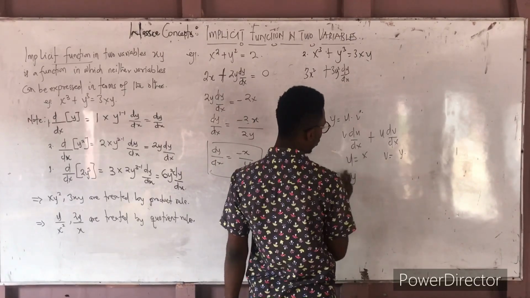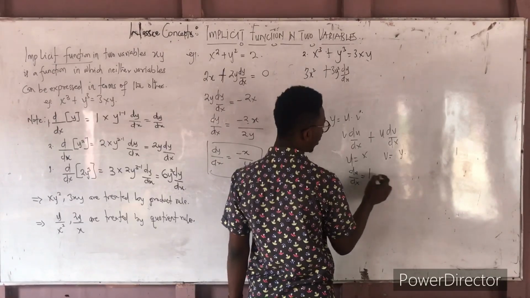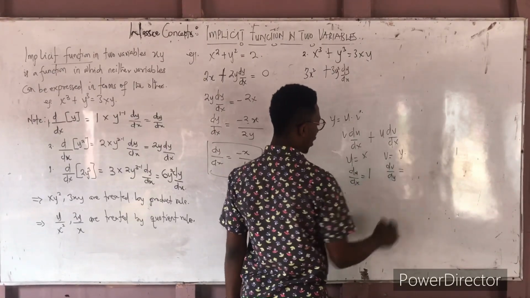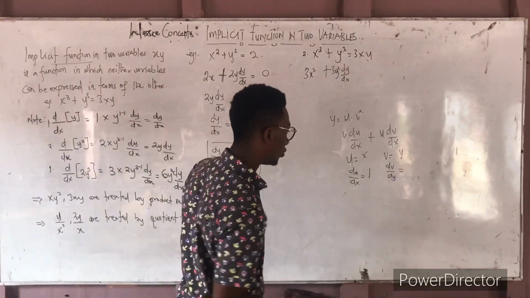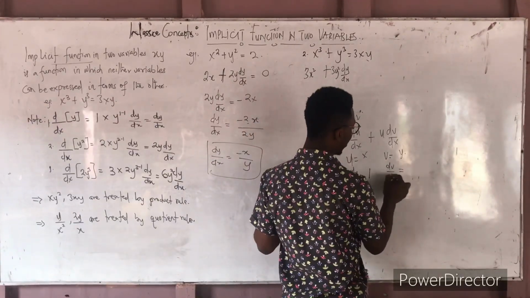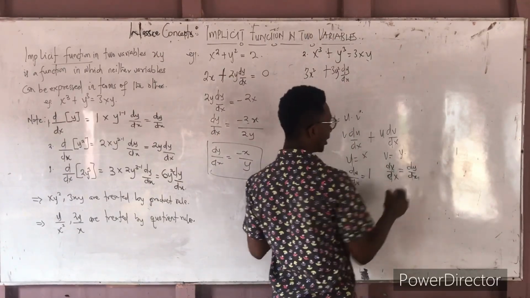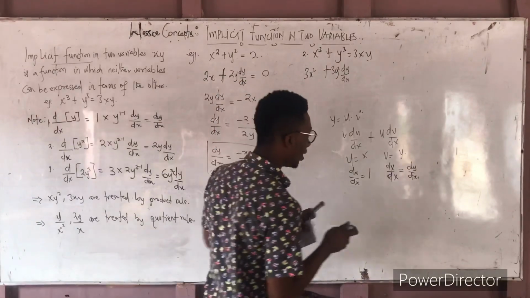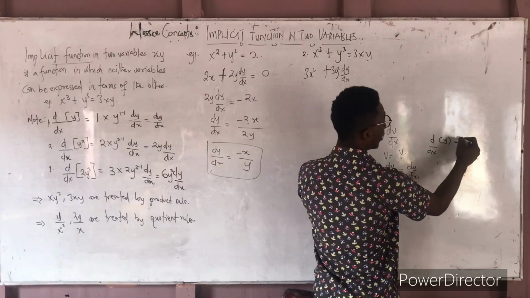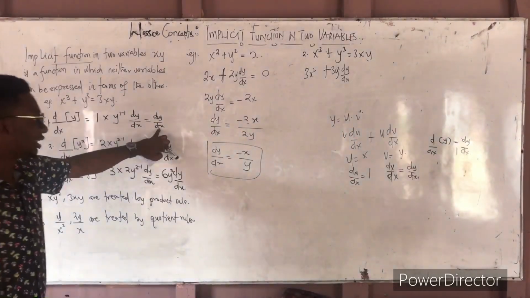So you have to find the du/dx first. So the du/dx here is 1. The dv/dx, with respect to x, of the function y is dy/dx. Take notes. So that would be the derivative of y, which is dy/dx.